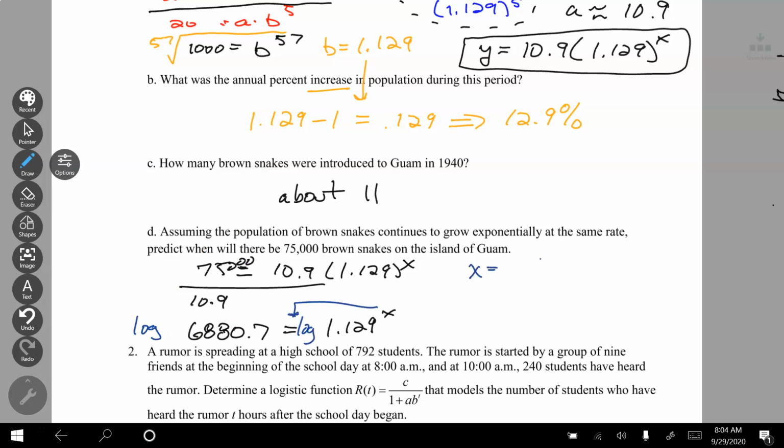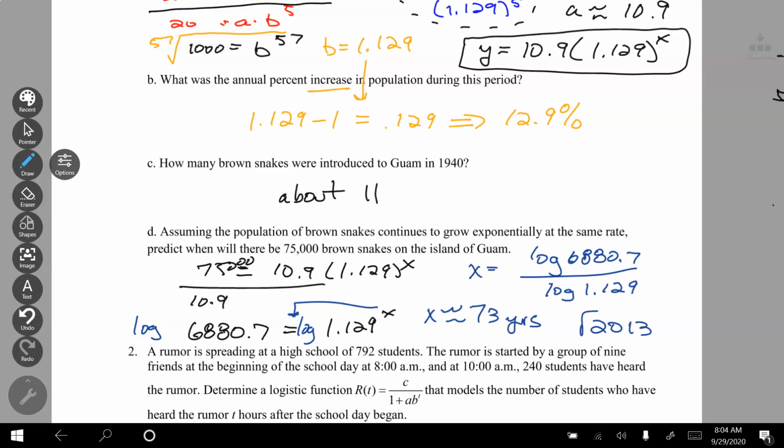So x equals the log of 6880.7 over the log of 1.129. And when I do that, I get about 73 years. The initial year was 1940, so that would be the year 2013.